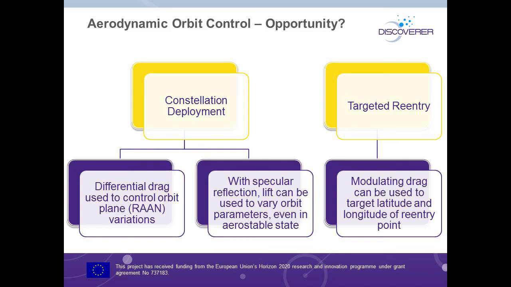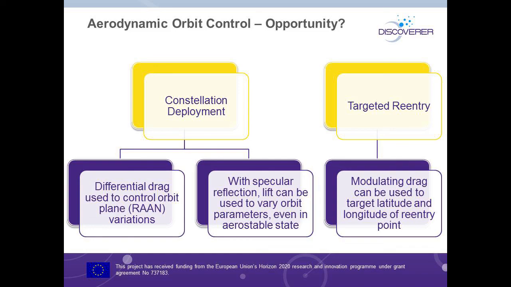With the specular reflective surfaces, though, you can also generate lift, of course, which, okay, can therefore help you change the orbit perhaps even more quickly by using it to help steer the satellite into different orbital planes. And we've already theoretically proved that you can target re-entry by modulating drag, okay, which is perhaps more helpful for things like drag sails.